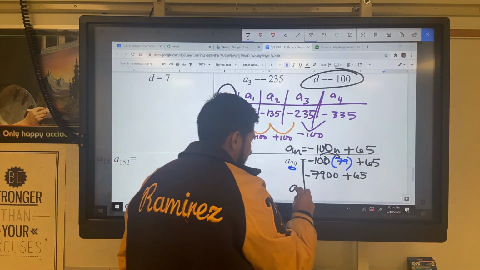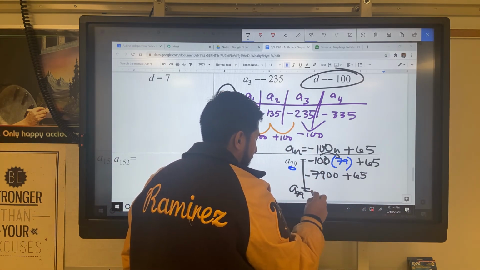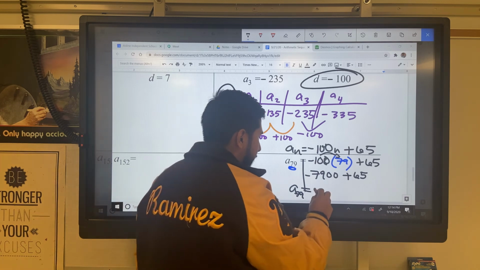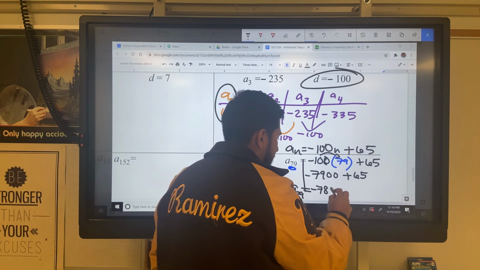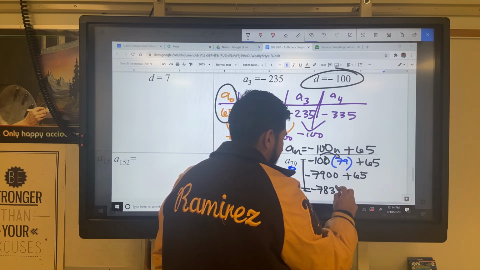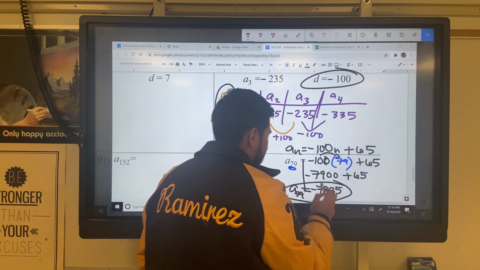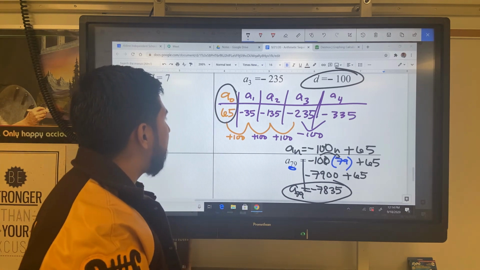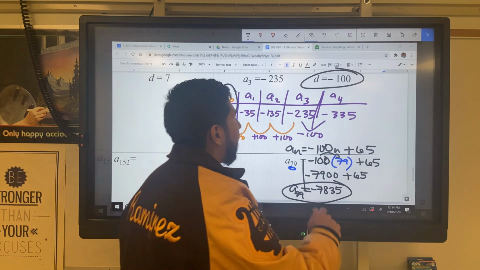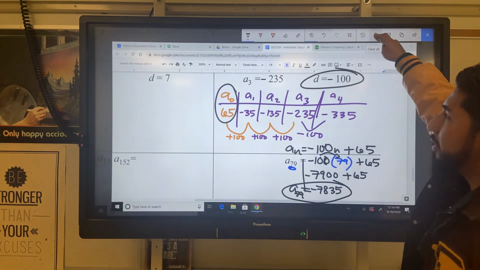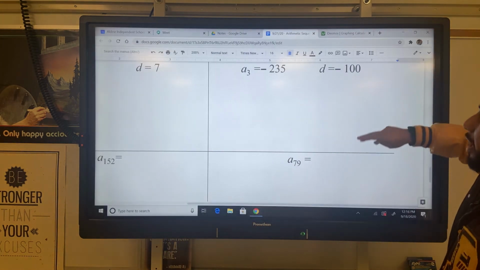So then my A79 is negative 7,835. I think that's right. If it's wrong, please tell me, and then you'll be good to go. Remember, if you're not sure, replay it. There's no issue because it's all saved.